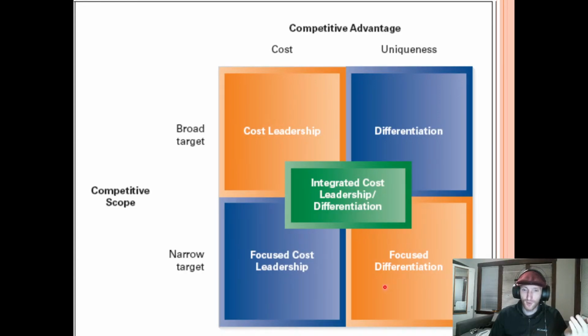All right, focused differentiation is a firm that is targeting a narrow consumer group, but they're doing so by doing different things. Think of your small, like, hometown bike shop, all right, bicycle store, all right? Bicycle store is only catering to one narrow consumer segment, and that is people who are interested in bikes, all right? But most of the time, your neighborhood bike store is differentiating themselves in a lot of different ways.